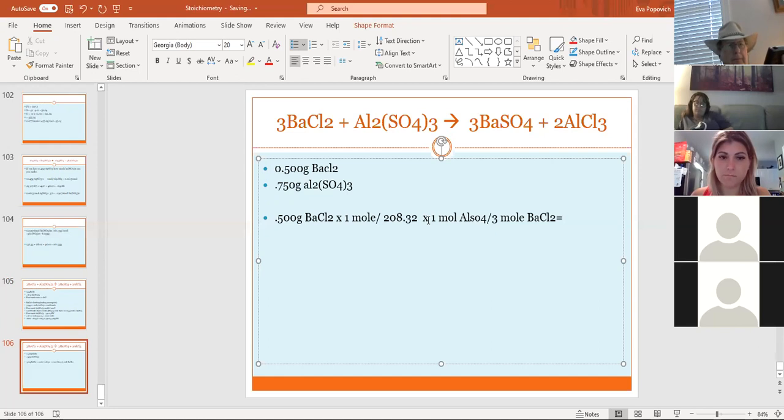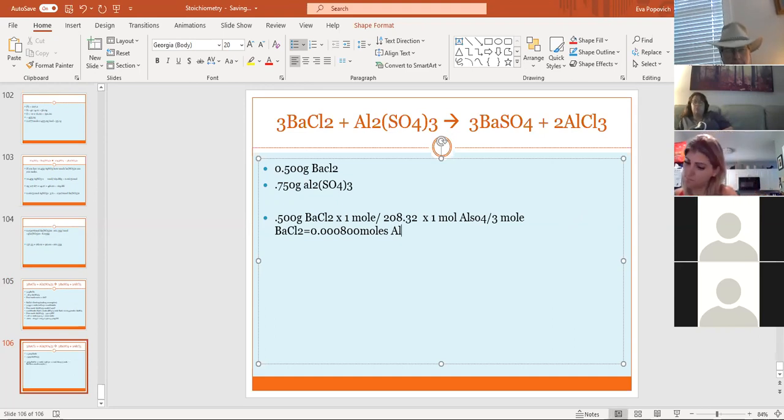I have 0.0008, and we'll give it 800. So if I have half a gram of barium chloride, I need this many moles of aluminum sulfate. Let's find out how much I have.